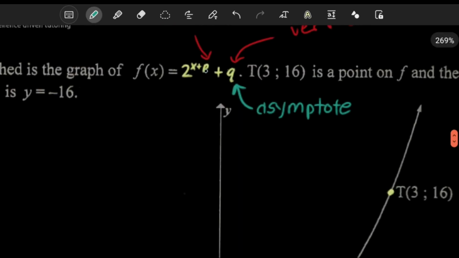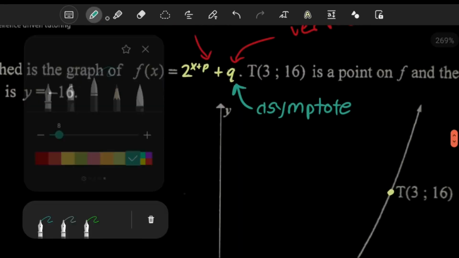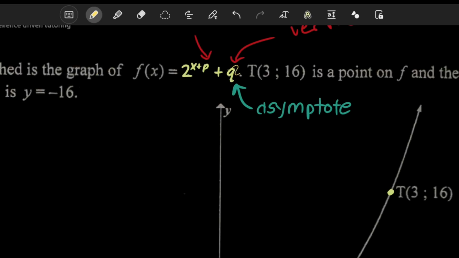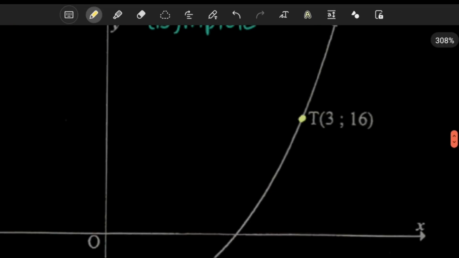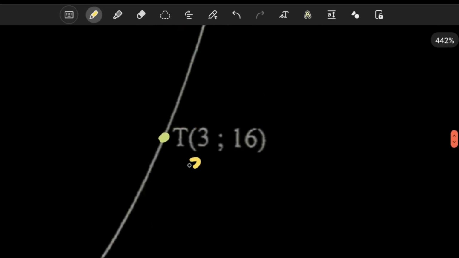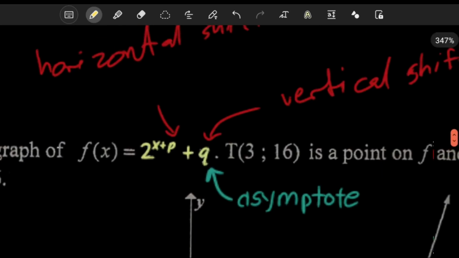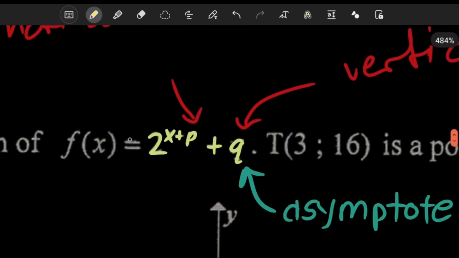Now for p, keep things simple, don't overthink it, because if you already have q and a coordinate that the graph passes through, you can use that information to get a value for p. You can throw in an x value, a y value, and a q value, and then work p out. So that is what we are going to do.